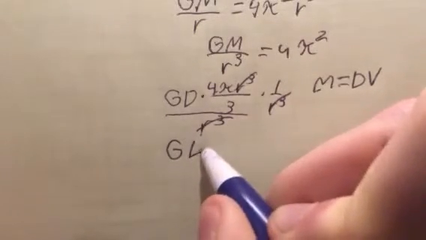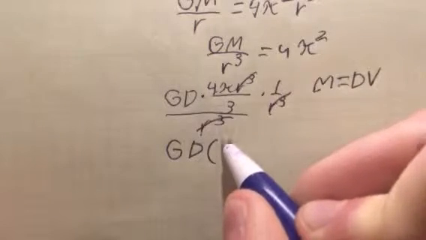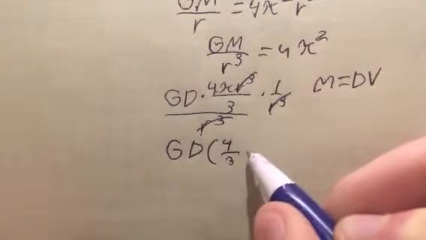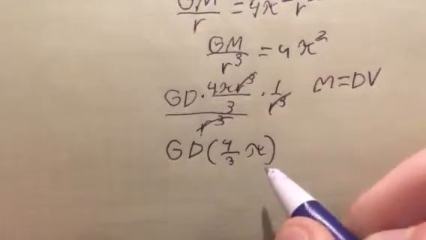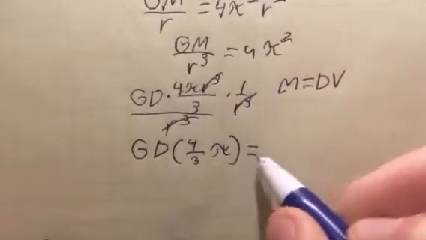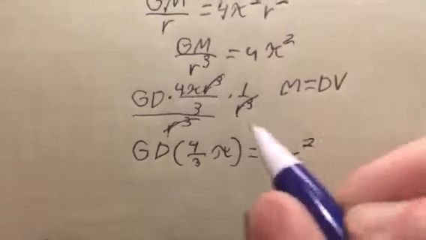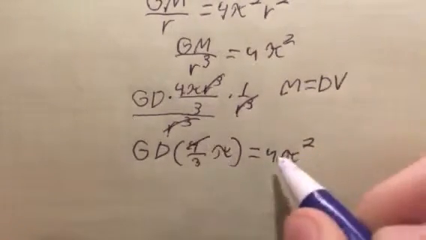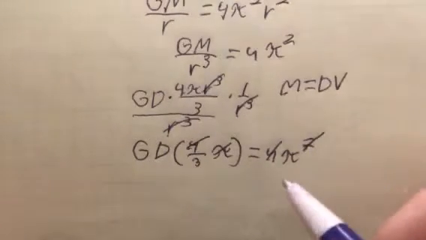Love to see that. Multiply this by 4 thirds pi. Perfect. And that's going to equal 4 pi squared. So the 4's cancel, and also 1 pi cancels on each side.